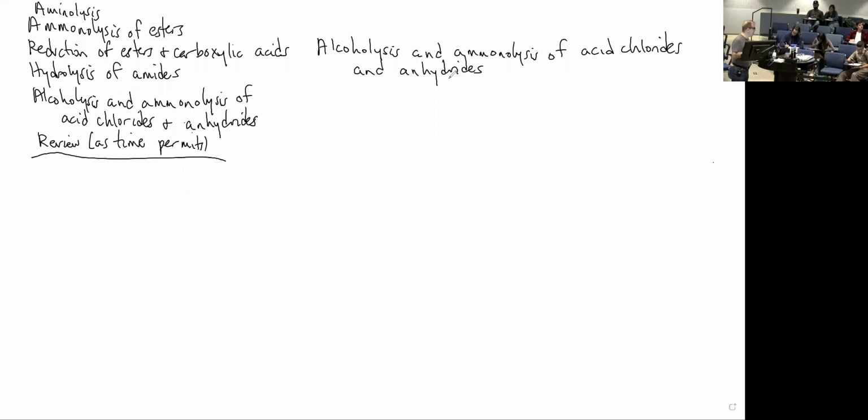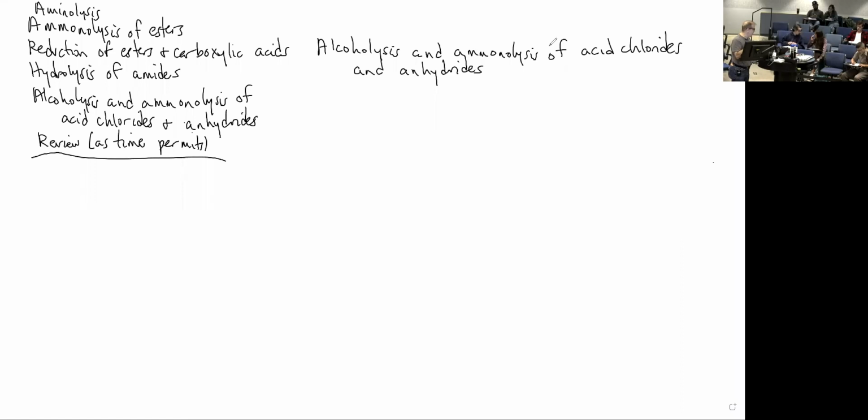There are two reasons I want to bring it up in the context of this chapter. First, this is another important kind of nucleophilic acyl substitution reaction. Second, we've already talked about it. In the carbohydrates chapter, we talked about exhaustive acylation of a monosaccharide, and that is alcoholysis of an acid chloride. So I really wanted to put that concept together for you.